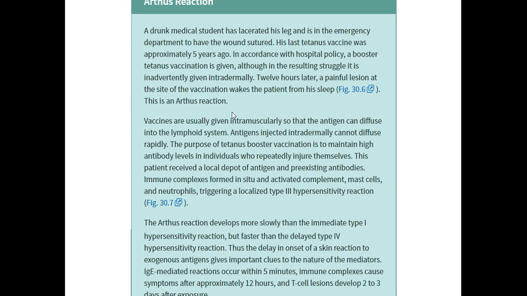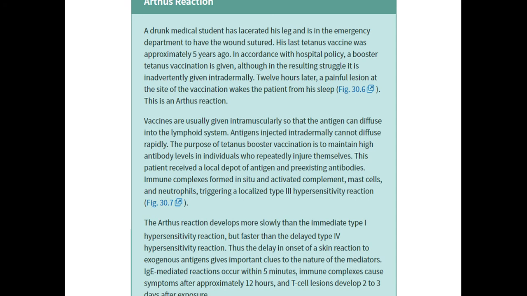In the localized type, and this is very common when a patient takes a second injection of a vaccine, and if the patient is already sensitized, an antigen antibody reaction the second time is going to take place, and immune complexes will develop locally, and these immune complexes will fix or activate complement, and will call upon neutrophils to come into the area.